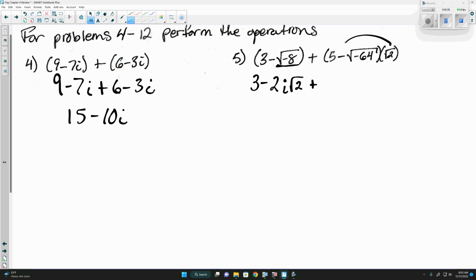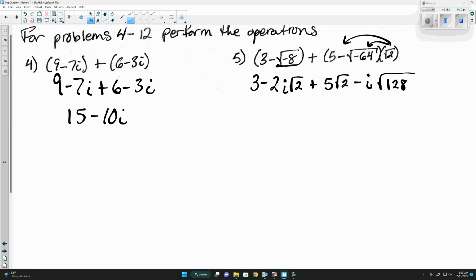We're going to need to distribute this square root of 2, and we're going to need to do some simplifying. The first thing we're going to have is 5 square root of 2 minus, well, I know for certain I'm going to have i. Square root, we can multiply the two together, so 64 times 2 is going to be 128.